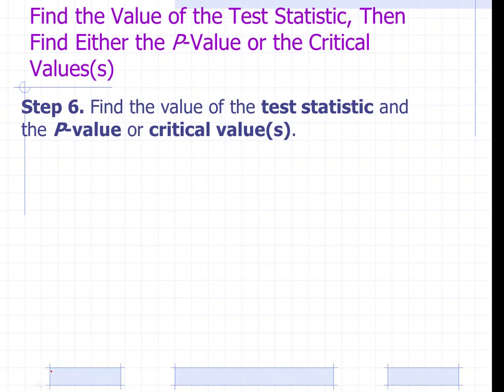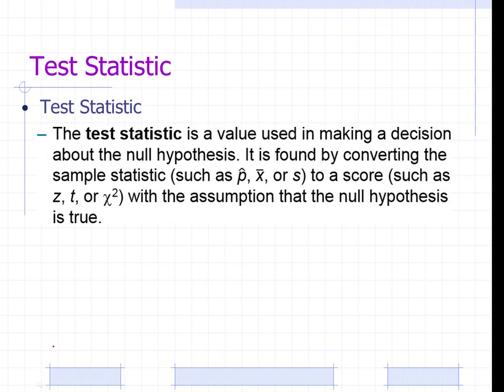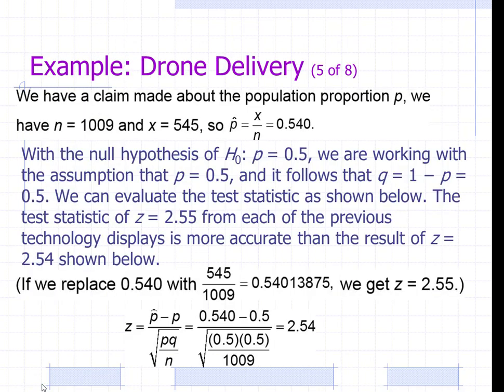And so we want to find the test statistic. And so in this case, when we do p hat, our test statistic is going to be a z, and you know all about z's and the standard normal table. So here we go.